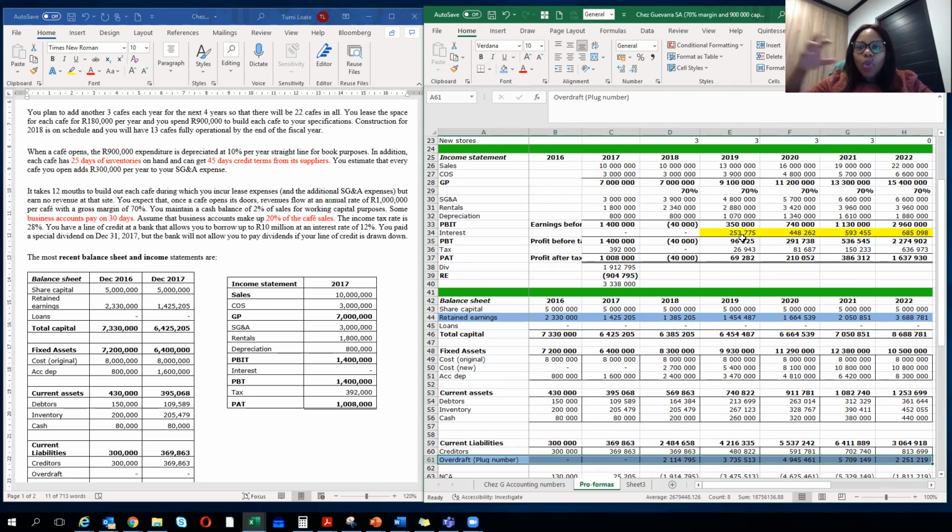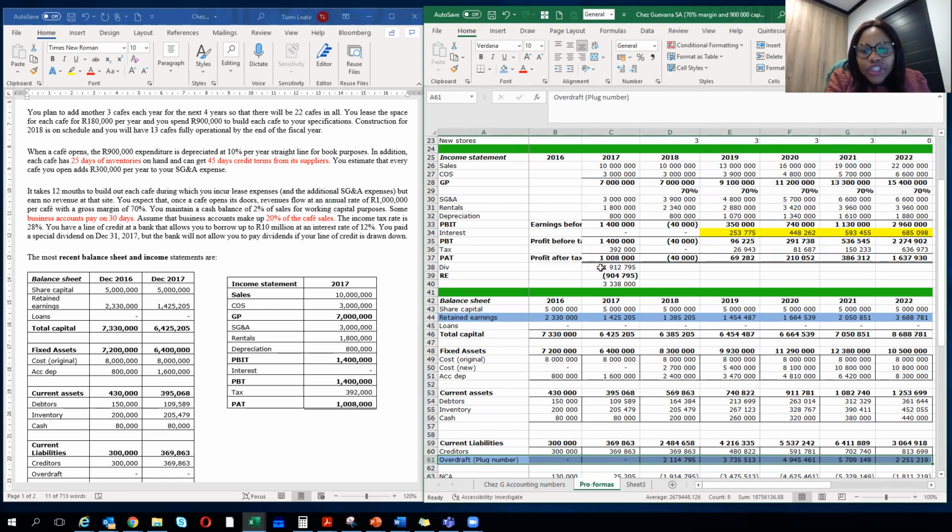It's basically a long way of doing it, but you needed your interest to calculate what your overdraft would be, you needed your overdraft to calculate what your interest would be, but you also needed your retained earnings. And what is retained earnings? It's an accumulation each year of the profit that you're getting from each of the years. So all those three accounts at the end, I'm just trying to balance and see how they're all working together.